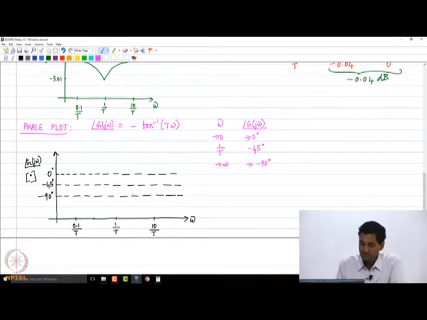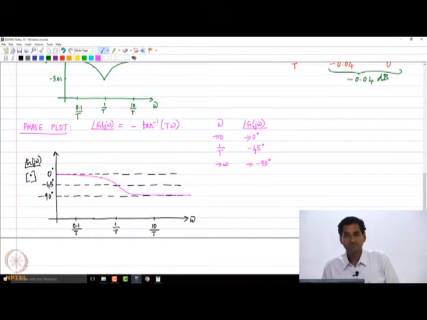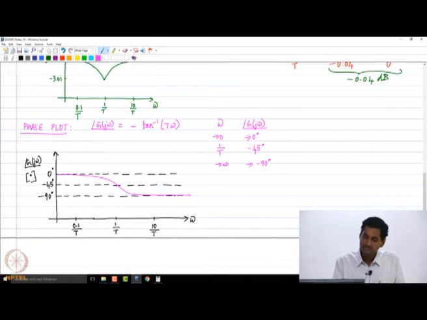That's important. When I start from low frequencies, I am going to have values which are very close to 0. Then I am going to have an inflection point at 1 by T and minus 45. Then the curve just goes to minus 90, right? So that's how the phase curve is going to look. Right, so that's the phase plot of this first order factor.